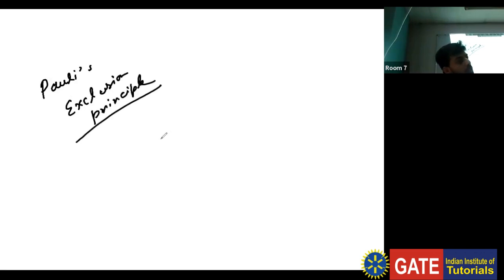What does Pauli's exclusion principle say? Suppose I'm giving you a very simple example. 2s. How many electrons are in the S? Suppose there are 2 electrons.